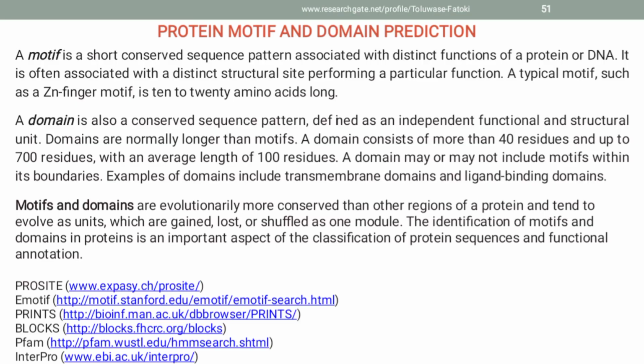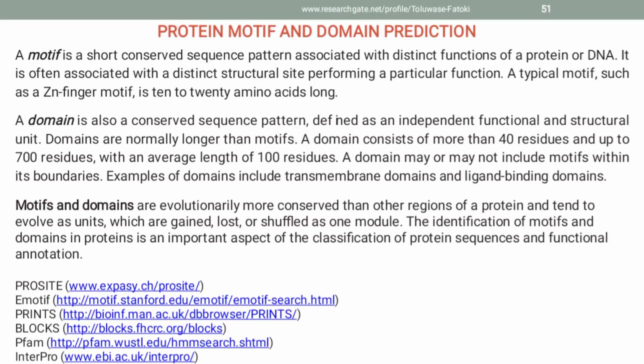Domains and motifs are evolutionarily more conserved. That means those areas serve a specific function in that particular protein, so that if anything tampers with them, the protein will lose its function and its identity. So domains and motifs are evolutionarily more conserved than other regions of the protein.